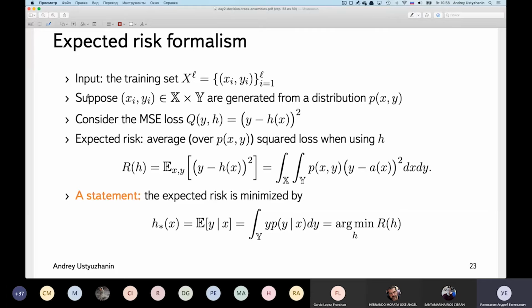So just a reminder of the notation. We have a training sample XL, and we have samples that are generated from a distribution that we do not know. If we look at a regression problem, we worry about the mean squared error loss that is denoted by Q. It is a function of the ground truth and the hypothesis prediction.